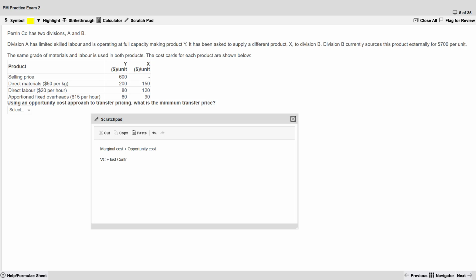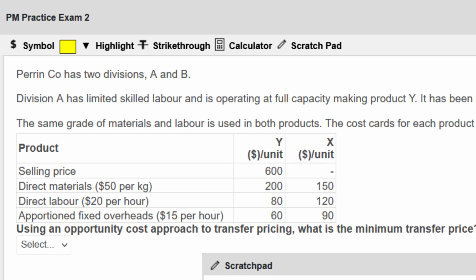And right away, I see a really important keyword, and this keyword makes this a tricky question. I see that Division A has limited skilled labor, and they're at full capacity making Ys. Therefore, labor is a scarce resource.